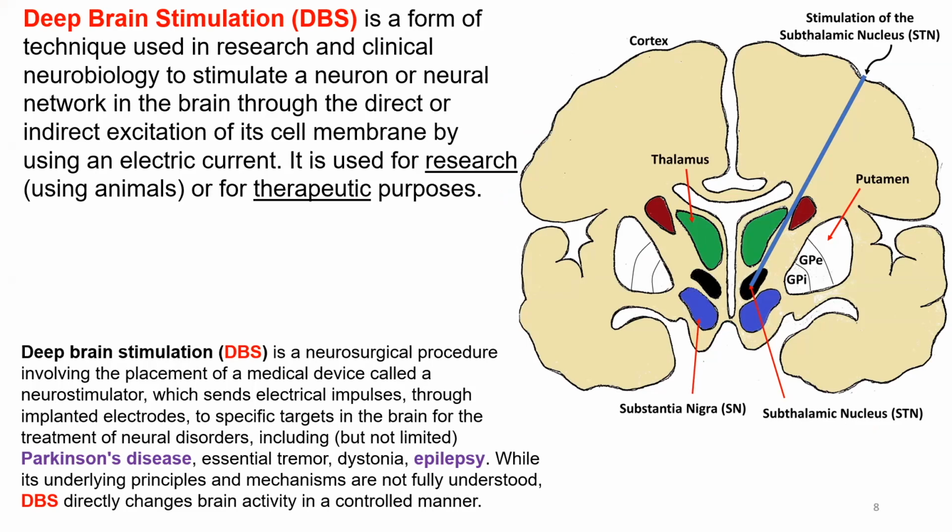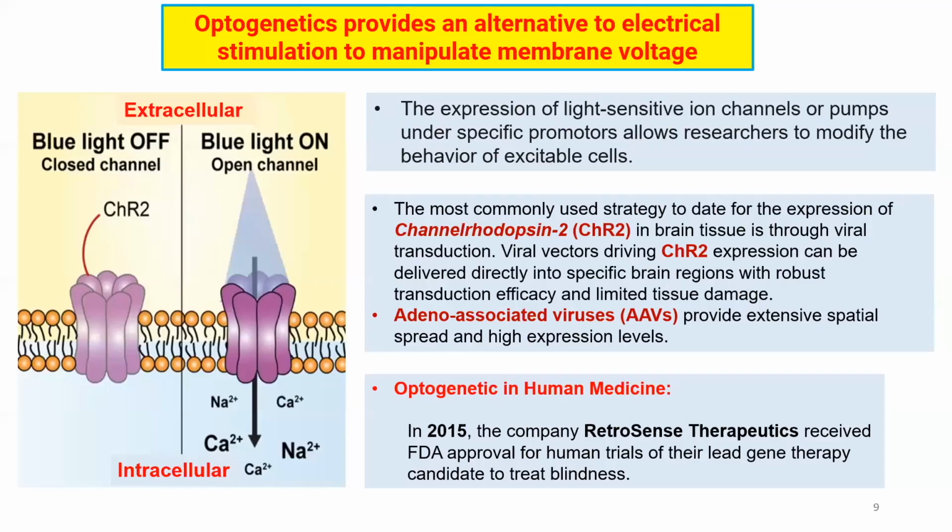We can do it electrically, but we need to implant an electrode into the particular brain structure. Anyway, it's a complicated and not 100% effective story. So what is an alternative? An alternative for selective or targeted stimulation of neurons was invented a couple of years ago. It's optogenetics. It's a light stimulation.